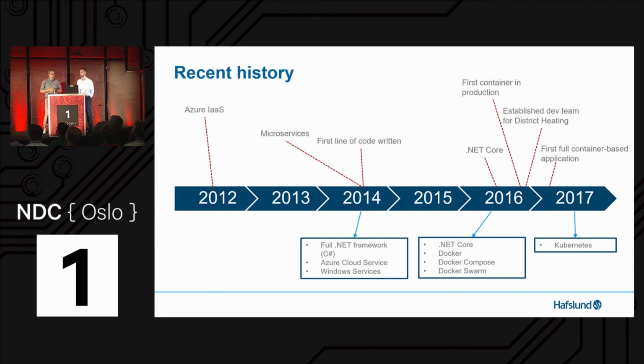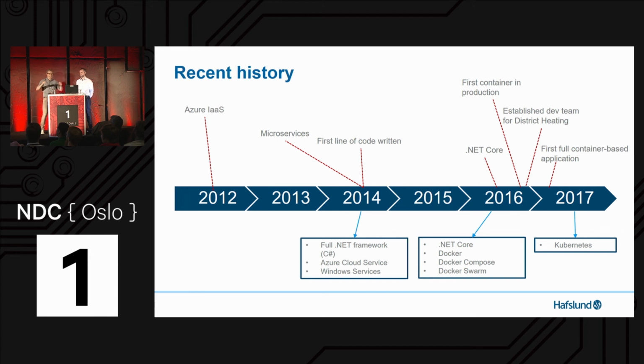This went on until about a year ago, when .NET Core came along, which we immediately fell in love with and started using. Now we're using .NET Core and Docker technologies, which we started using in 2016. We of course still have what has now become legacy code from 2014. We also reached a big milestone when we established a new team, where Magnus is one of the key players, at the end of last year for the district heating business.